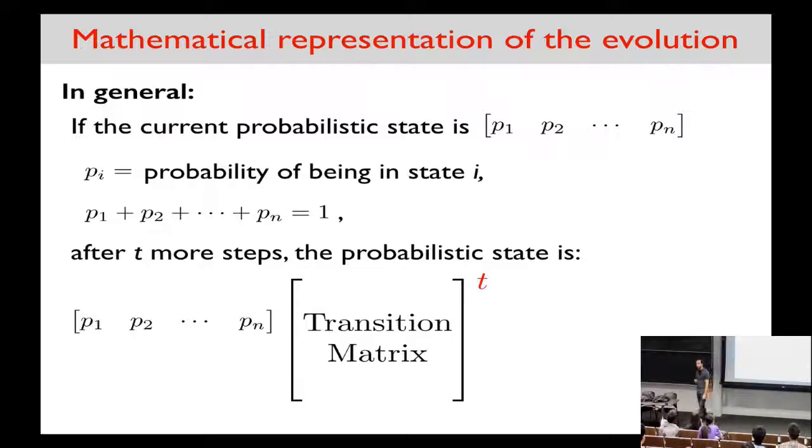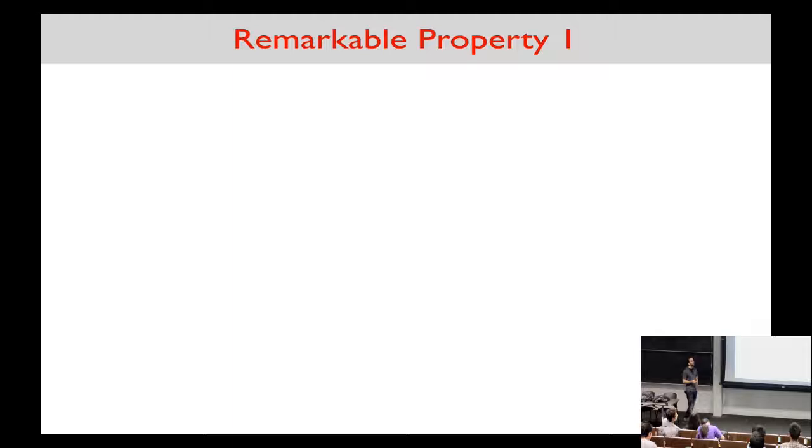Now, I did not prove this to you. I just stated it. It's not hard to prove. It's a good exercise. So in the homework, you will most likely prove this. It just follows from definition. There's nothing complicated.